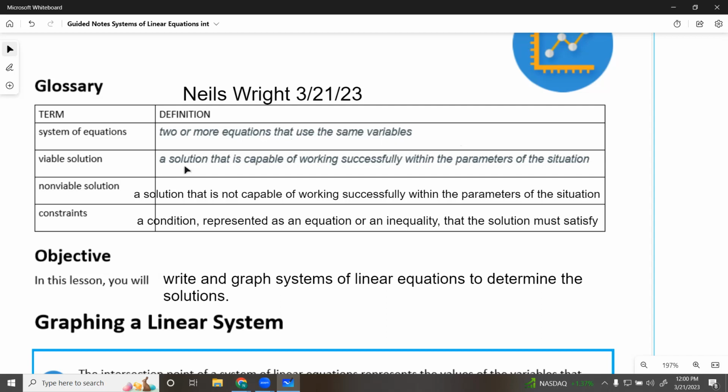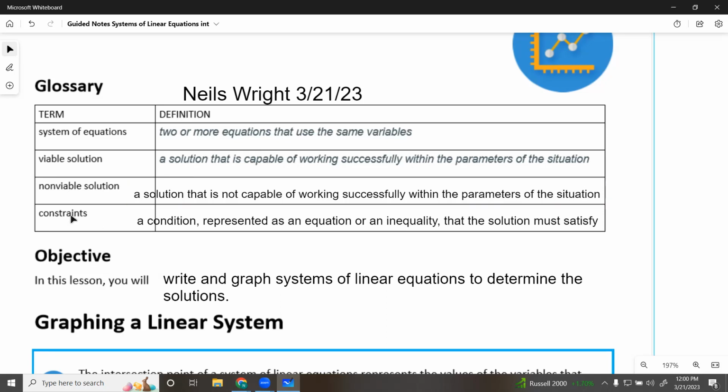A viable solution is a solution that is capable of working successfully within the parameters of the situation. If it's not even close, then it's not going to be a viable solution. A non-viable solution is one that's not capable of working.